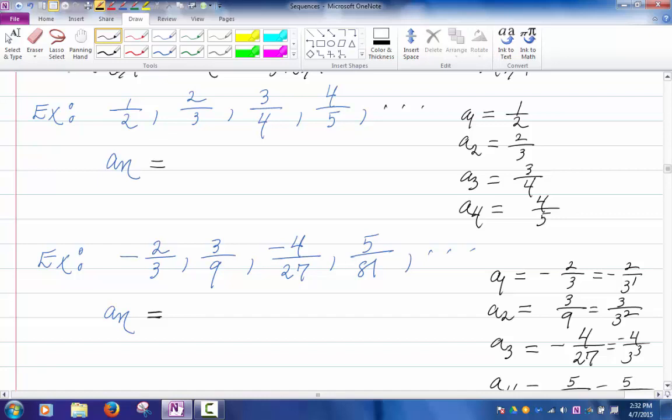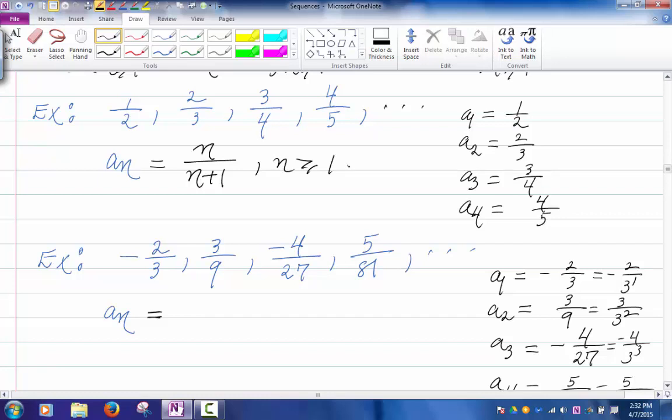What's the relationship between the index and the numerator? They are equal. What's the relationship between the index and the denominator? One more, right? So I get what? An should be, the numerator should be n, the denominator should be n plus 1, and n is larger or equal to 1.